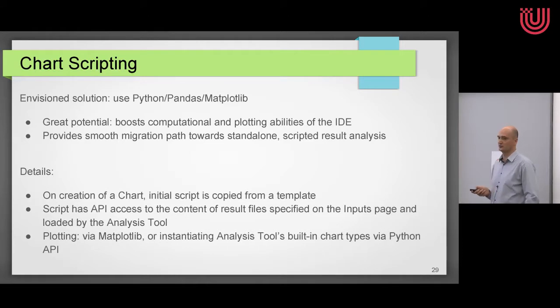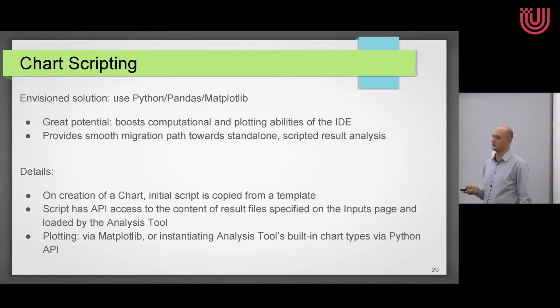So what do we want to use for scripting? Of course, Python. That would give us great potential because it would boost the computation and plotting abilities of the IDE. And of course, it would provide a smooth migration path if you want to go for standalone Python data analysis.